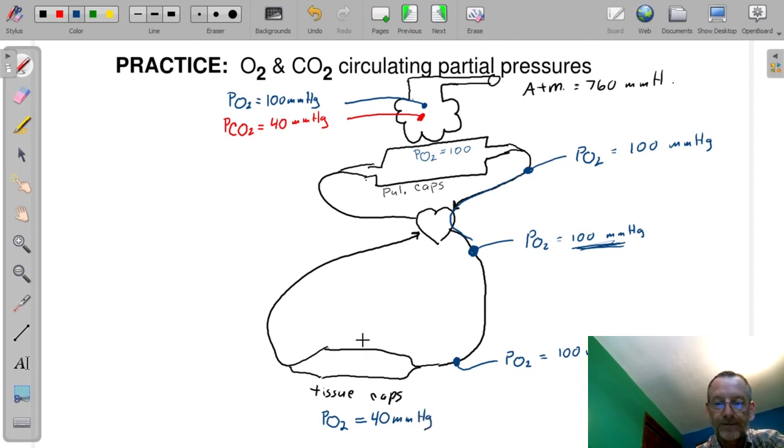It leaves, so we have partial pressure of O2 equals 40, and leaving, it's still 40, and entering the lungs, it's still 40.